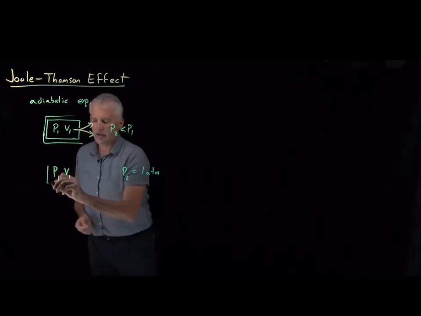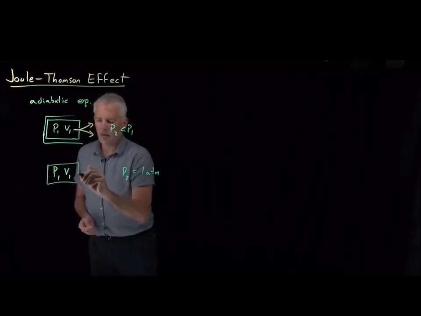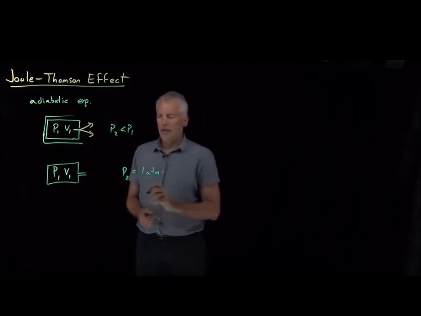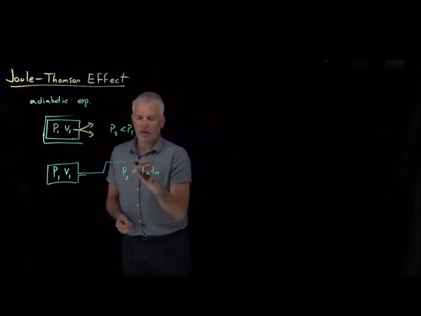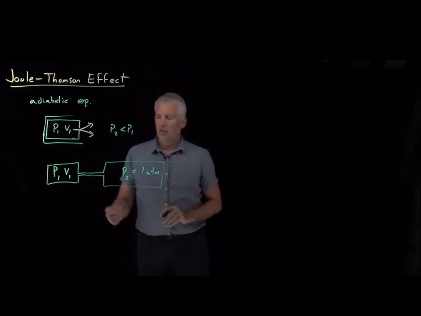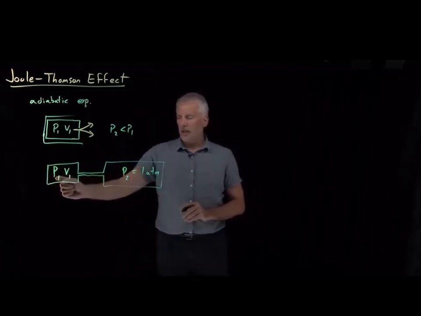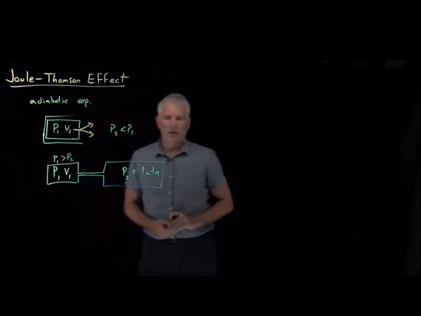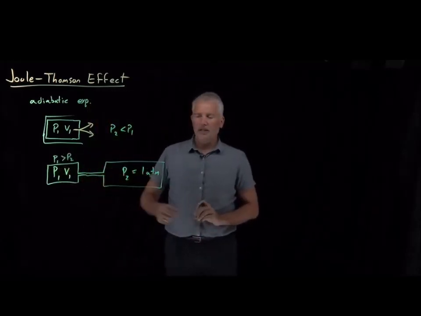Let me draw my container again with a little pinhole, a little nozzle that the gas is going to expand out of. In fact, let me connect these two containers by that nozzle. So I'm going to allow this gas, at a pressure that's larger than atmospheric pressure, to expand into this container.